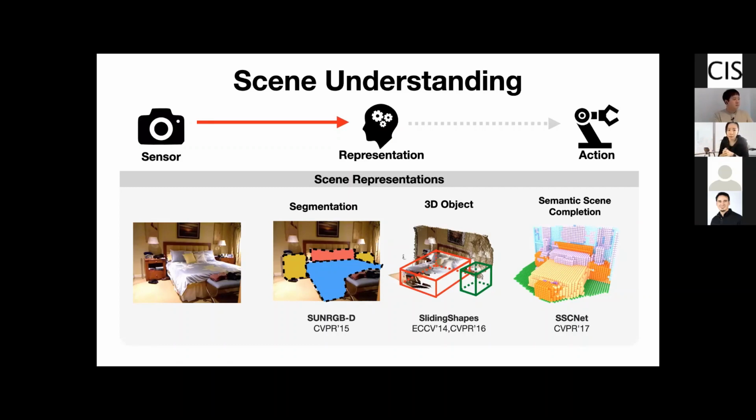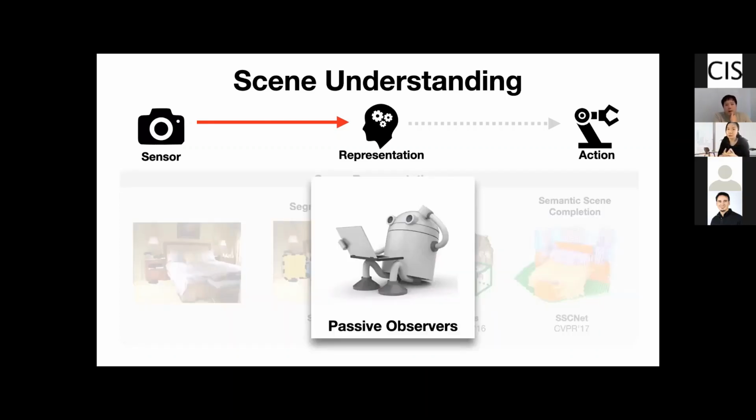These are the types of representations that the algorithm can choose to represent the environment around the robot. While these algorithms and representations can be used for some applications, they share one fundamental limitation that I want to highlight in this talk, which is the passive observer assumption, where the agent just sits there and records an image or video without the ability to actively interact with the environment.